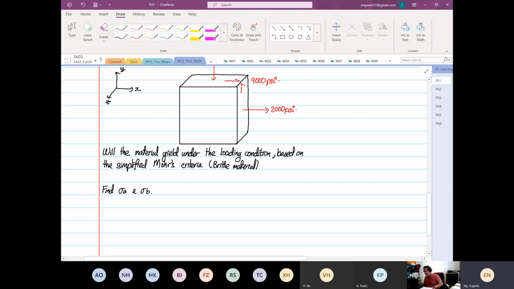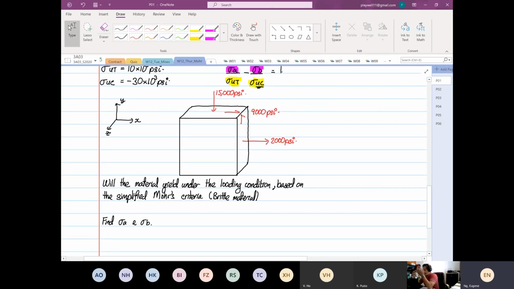From here it's like a typical Mohr's circle question. So we're going to label this now. This is my point X, this is my point Y on Mohr's circle, and this surface is my point Z. Remember, we're always dealing with 3D.